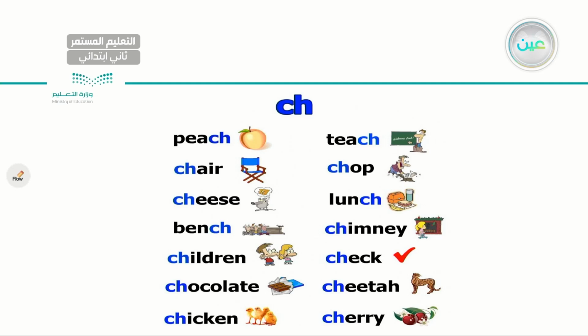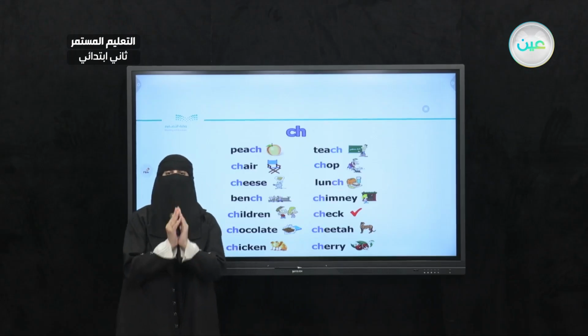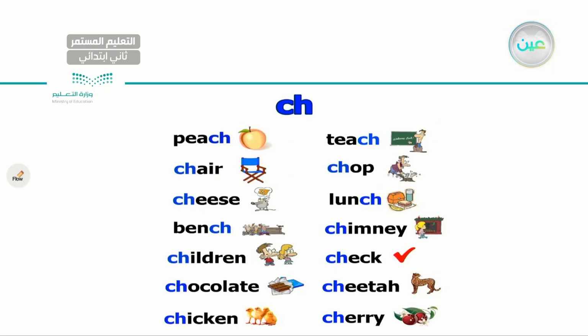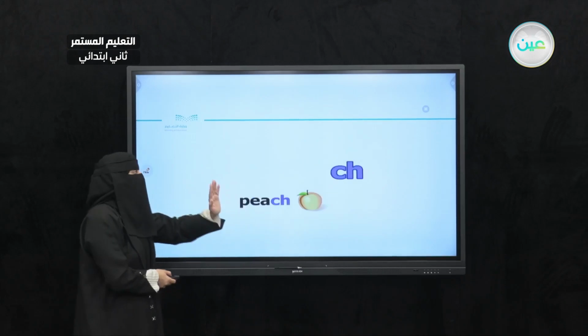Check. Cheetah. Cherry. As you can see, we didn't pronounce it as C and H. We have a different sound, ch. Children, ch. Teach, ch. Chair, and so on. So here I have a different sound. So far we have ch and we have f.